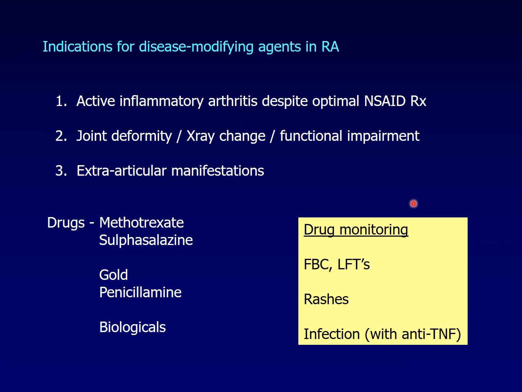Most commonly used drugs in acute symptoms are methotrexate, sulfasalazine and biological drugs. While giving these drugs, we have to monitor fasting sugar and liver function tests, because these are excreted through the liver, so there is a chance that liver enzymes get increased.